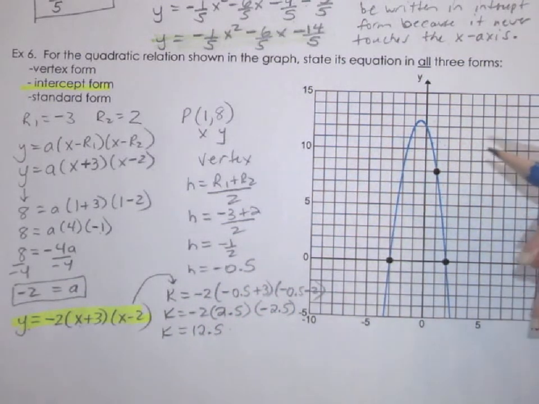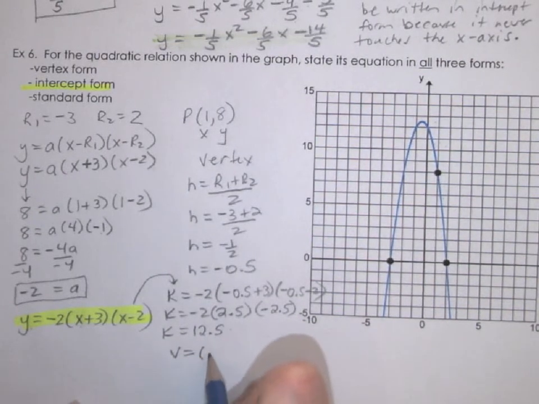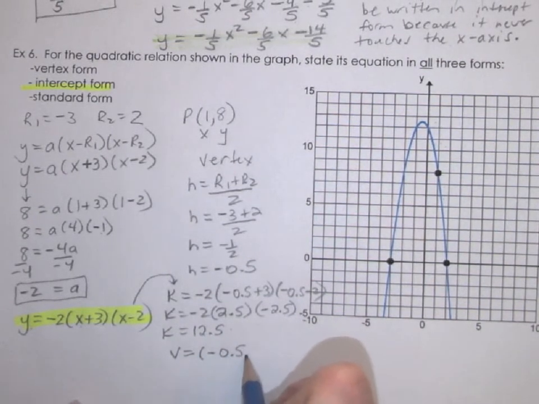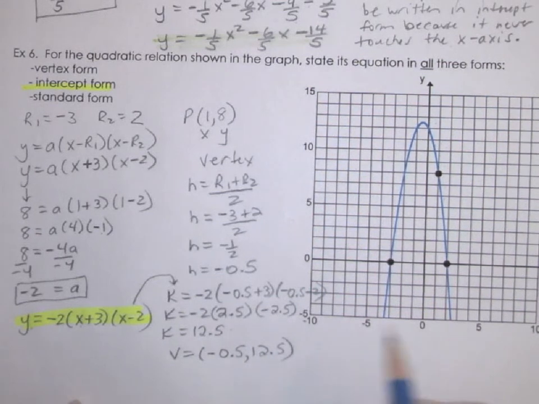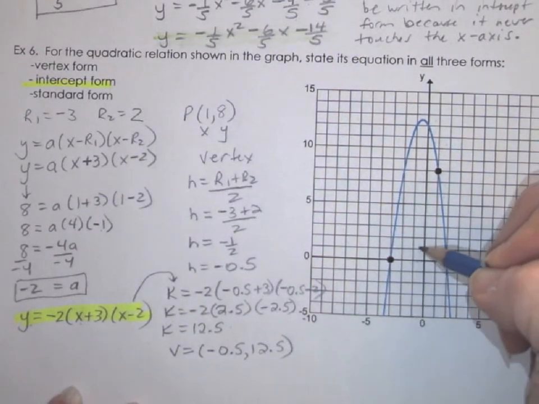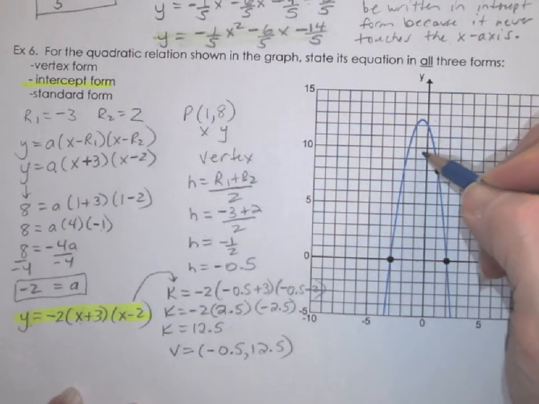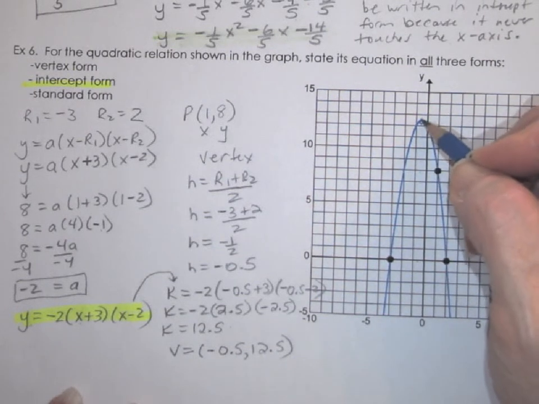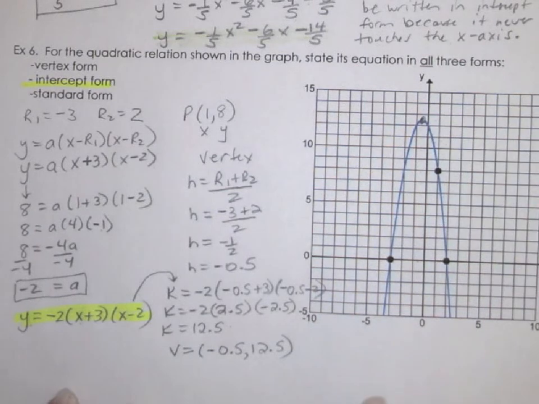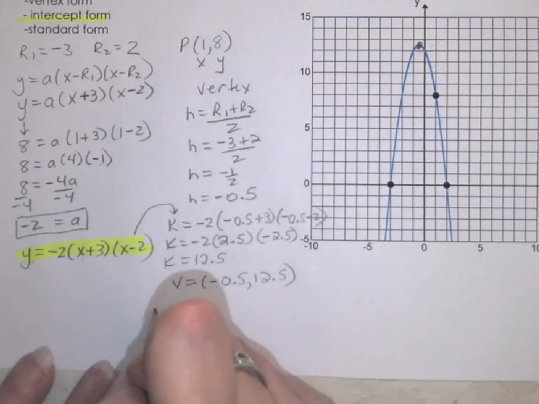So let's see if that looks right for our vertex. That's telling us our vertex is at negative 0.5 and positive 12.5. So rather than guessing, we calculated it. Negative 0.5, then up 12.5. So there's our vertex, and we calculated it out. So now we should be ready to do our vertex form.